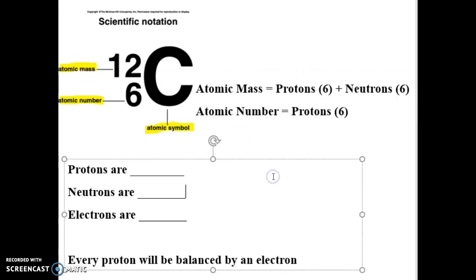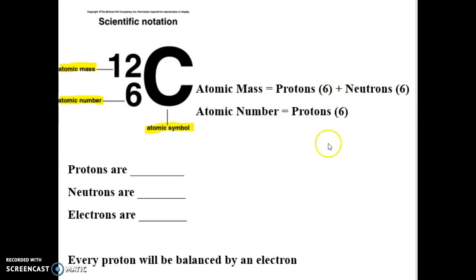Get comfortable with determining the number of protons and neutrons in a given element. I don't care what the element is, you need to be able to determine that. Protons and neutrons combined equal your atomic mass. The atomic number is just your number of protons. Do the subtraction: 12 minus 6 tells you the number of neutrons. Now you have 6 neutrons in that given element.